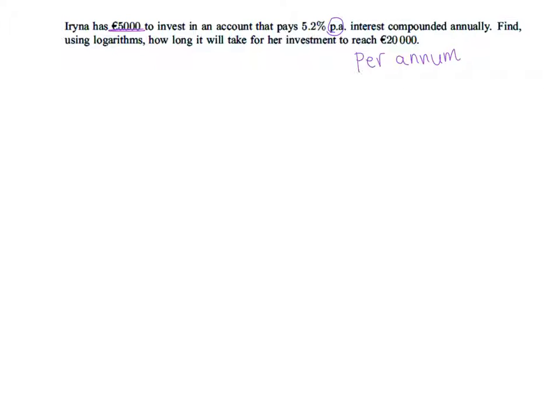In the first year, she starts off with the 5,000 and she gets an interest of 5.2%. So if I multiply 5,000 with 1.052, that's going to give us how much she has after the first year. If you're curious about why there is a 1 in the front, this means 1 plus 0.052.